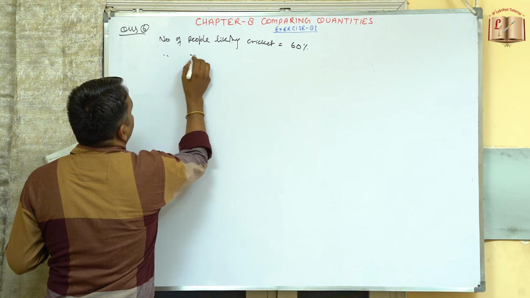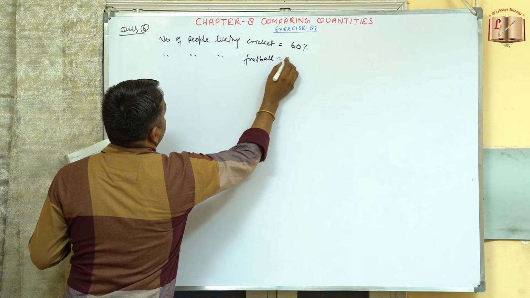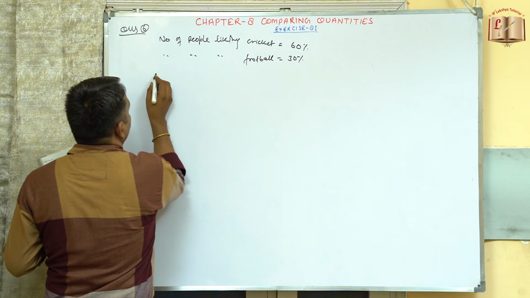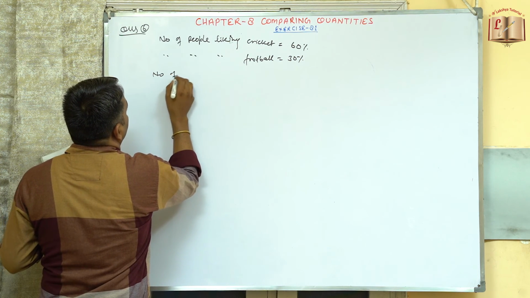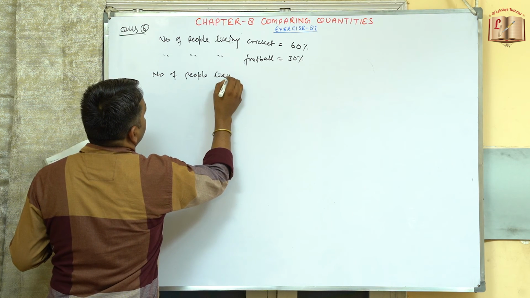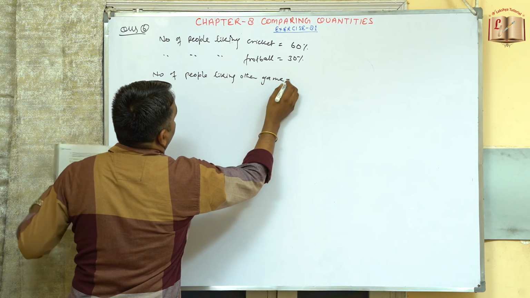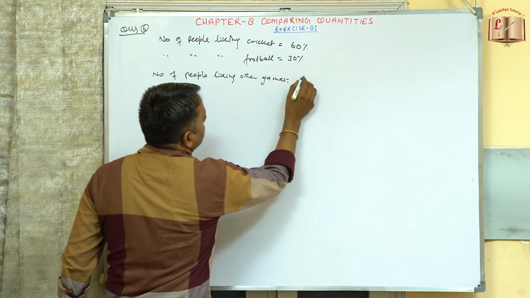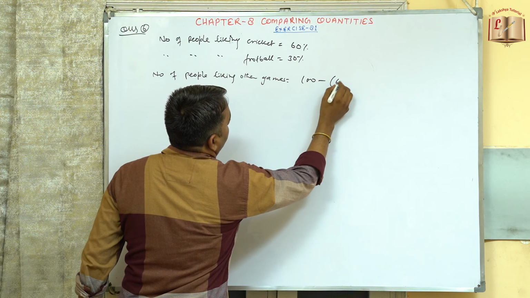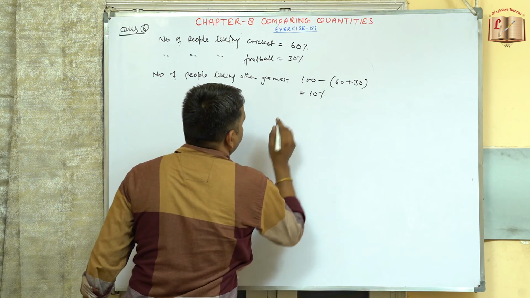Similarly, number of people liking football is 30%. Now number of people liking other games will be 100 minus the sum of these, so 100 minus 60 plus 30. So this will be 10%.